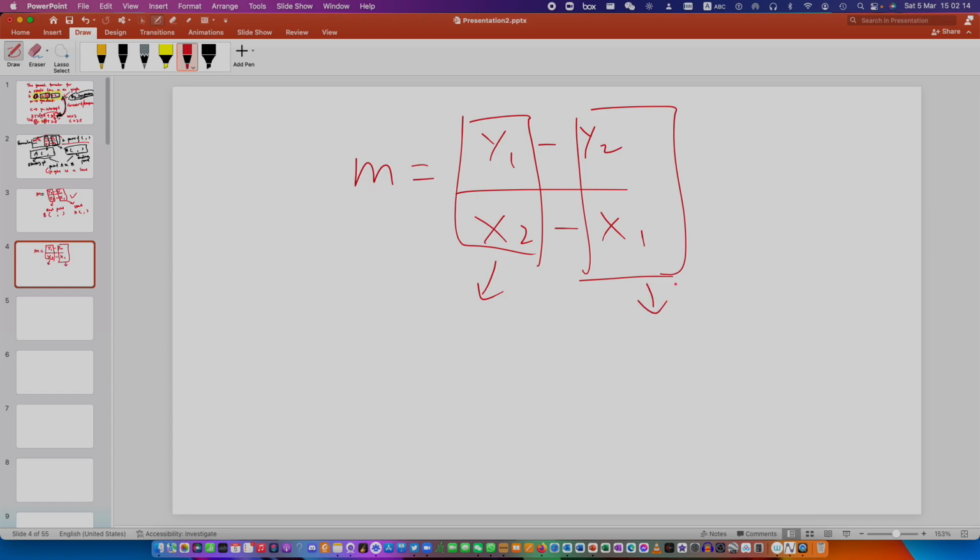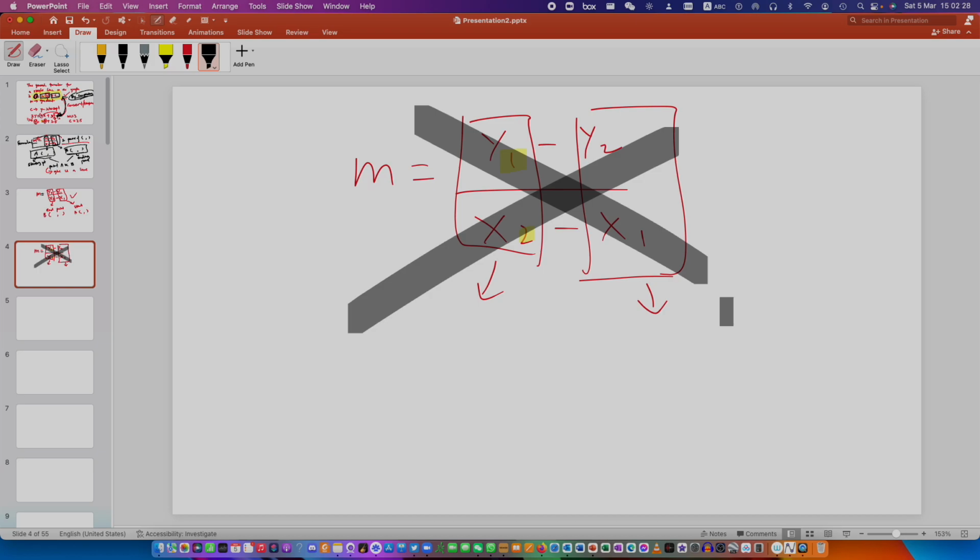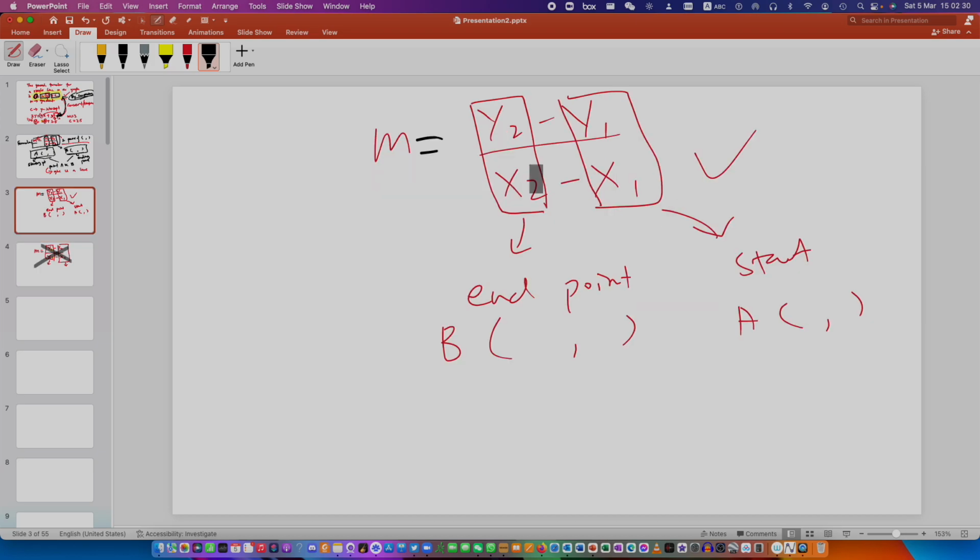This is also not the end point. Why? This refers to the start, this refers to the end. Right? Can you see the difference? So this one cannot, but this one can. Can you see? End minus start.